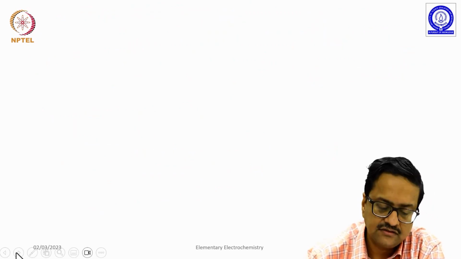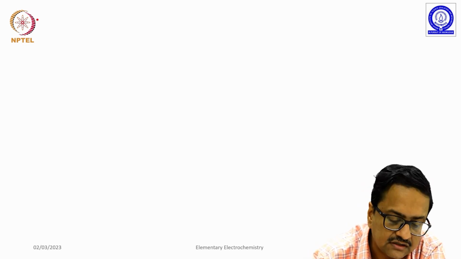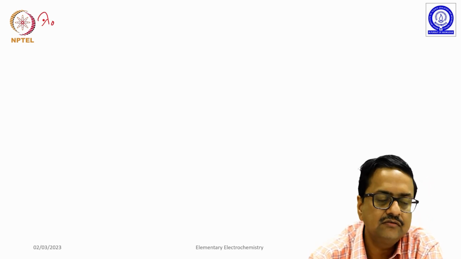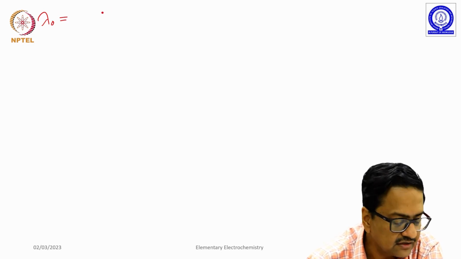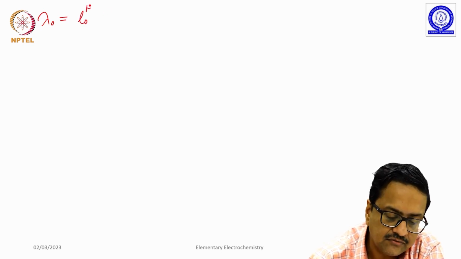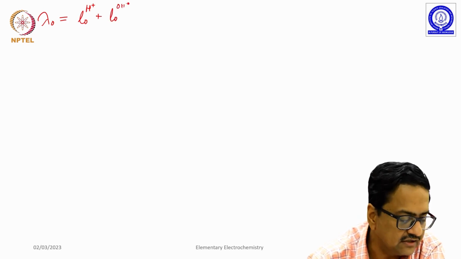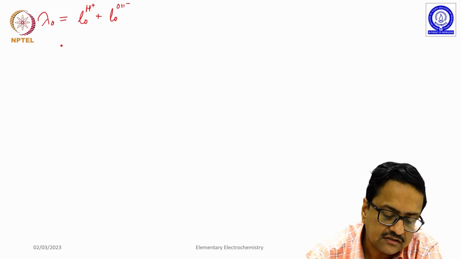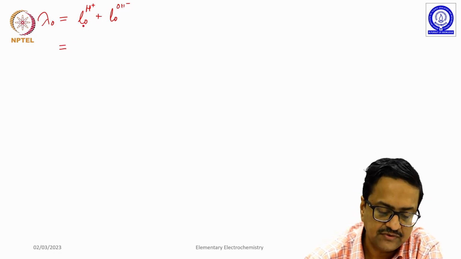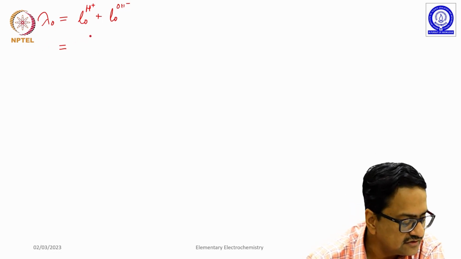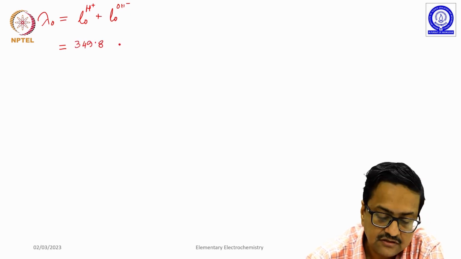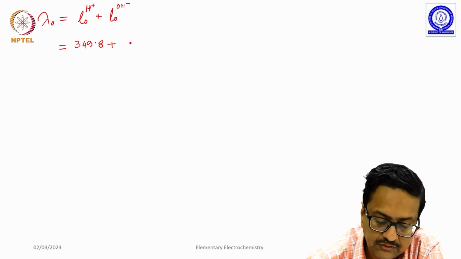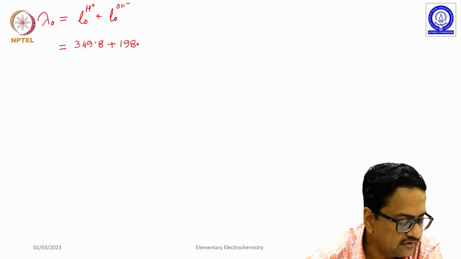So, now if you look at the values for lambda 0, that is the equivalent conductance at infinite dilution for water, if I want to calculate, I need the value of L0 for H plus and L0 of OH minus. So, one can look at the corresponding table in the textbook and find the values for L0 for H plus, which happens to be 349.8, and the other one happens to be 198.